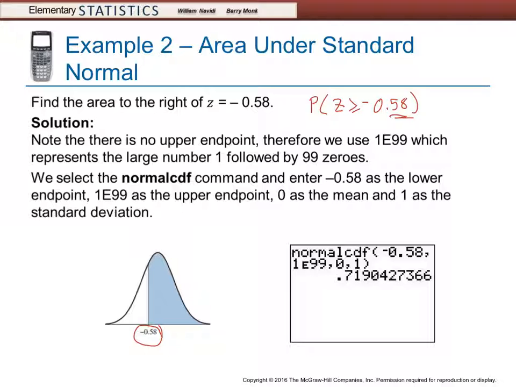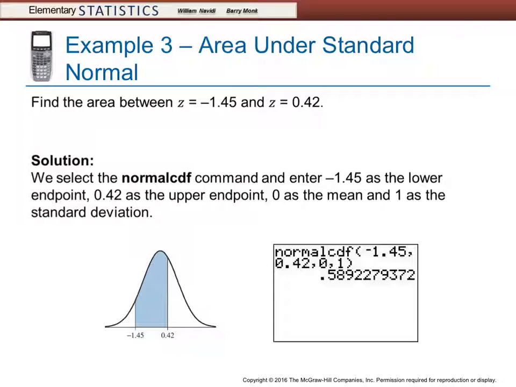The upper bound is going to be 1E99. Why? Because there is no upper point that we can pick out, so the calculator wants the farthest it can go, which in this case is 1E99. And again, since it's the standard normal curve, we put 0 as the mean value and 1 as the standard deviation. When we hit enter, we get our result of probability of 0.719.